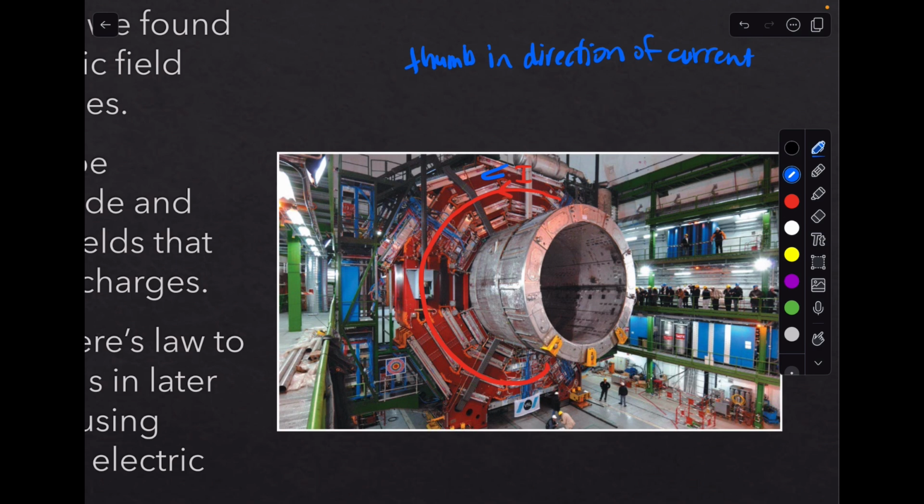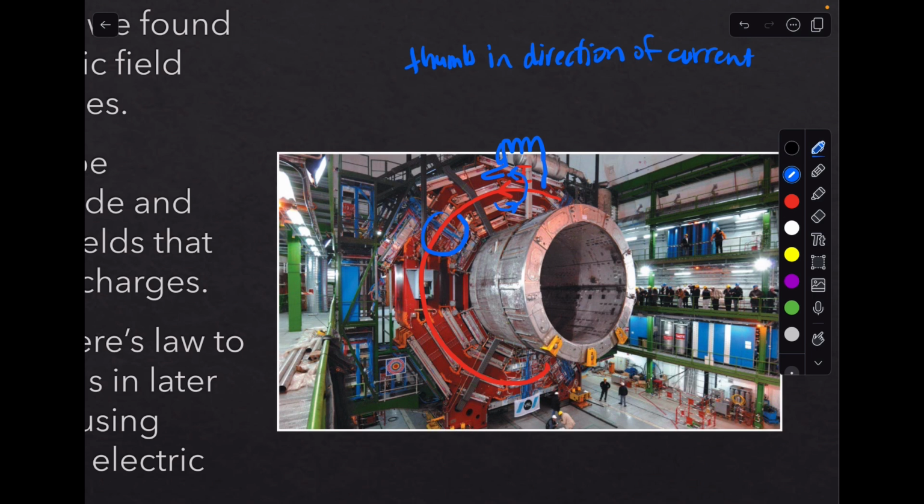So we're going to be looking basically, if I'm right here, at the back of the hand. Okay, and my fingers are going to be curling down and rotating around the wire. Okay, so coming out of the page, going into the page.